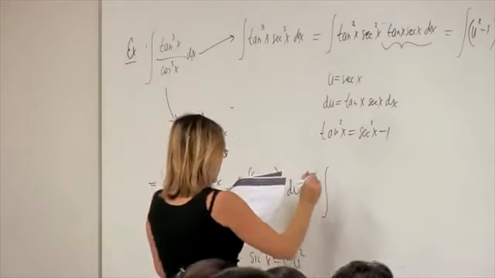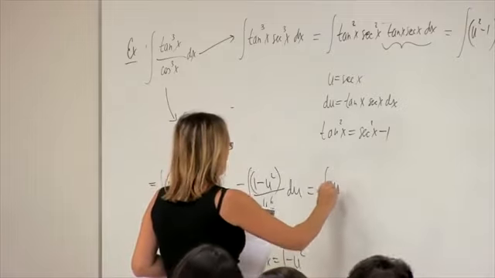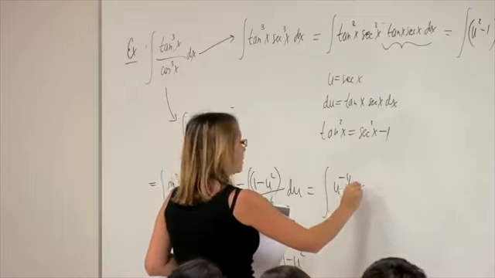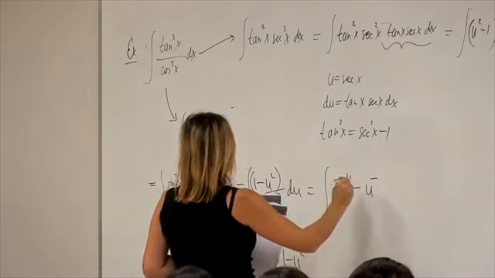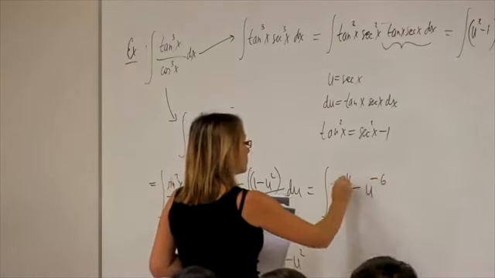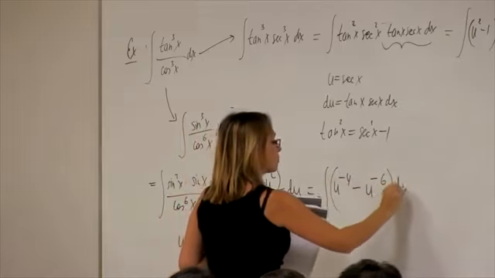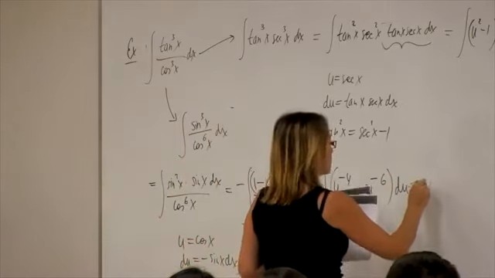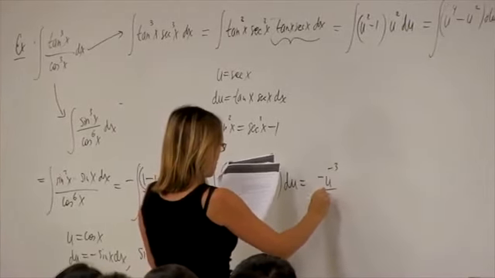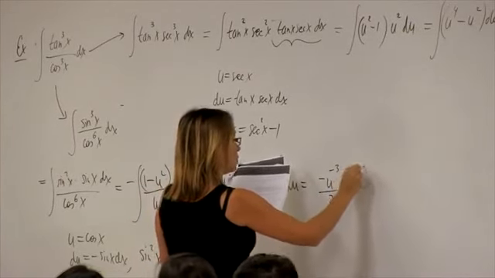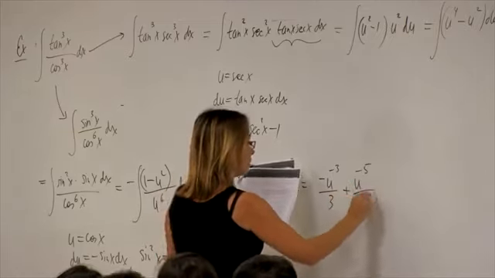So this is given by u to the minus 4 minus u to the minus 6 du. So it's minus u to the minus 3 plus u to the minus 5.